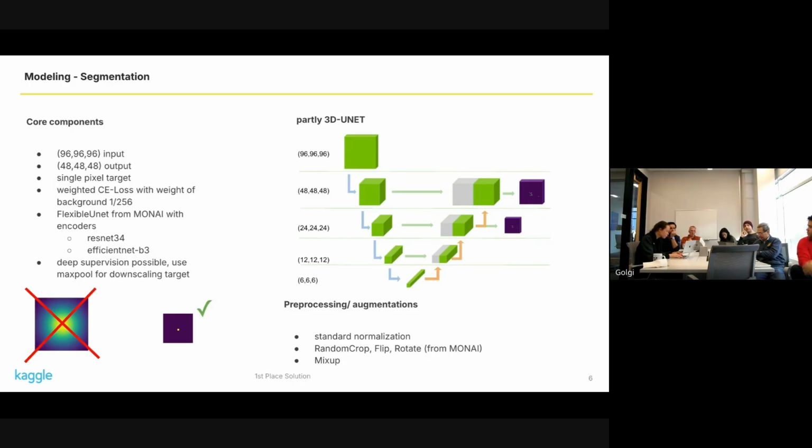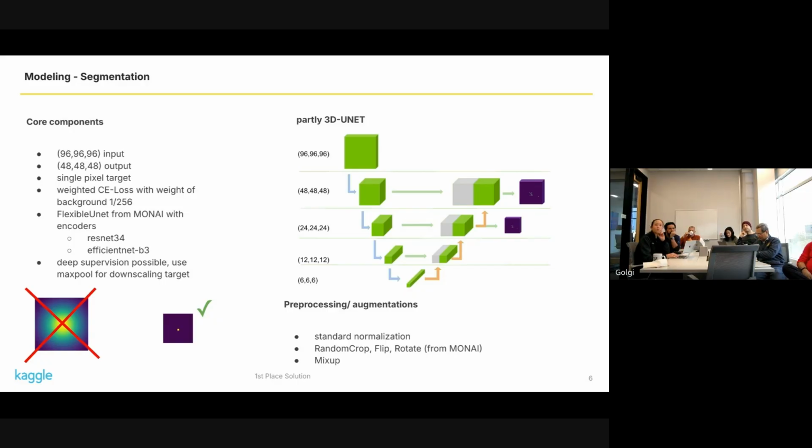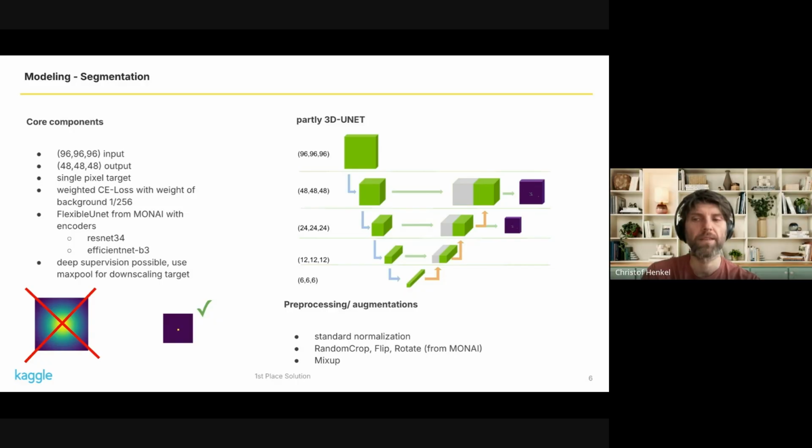Did you run any ablations on mix-up? I'm just curious how much the different augmentations helped. For me, mix-up helped a lot. For Eugene, it didn't help. I think for me, it really helped in training longer epochs.